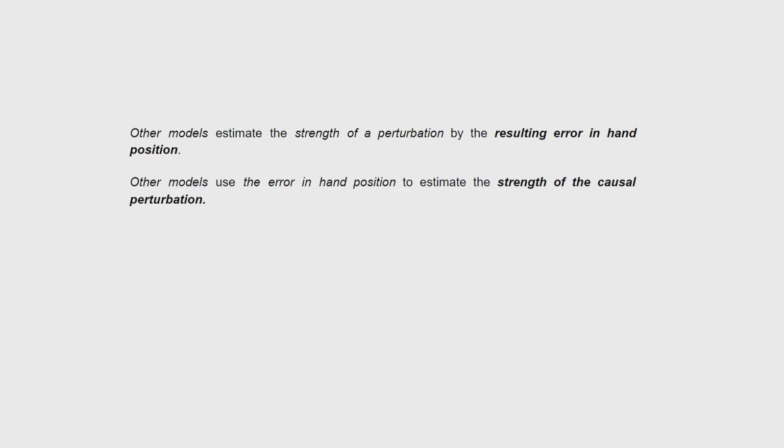So let's say the strength of the causal perturbation is estimated by the resulting error in hand position in other models. We de-emphasize which kind of information the model is using, and emphasize that this is about other models and not the models we've been talking about before.